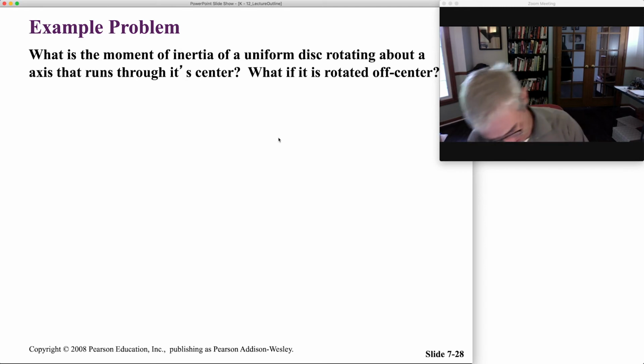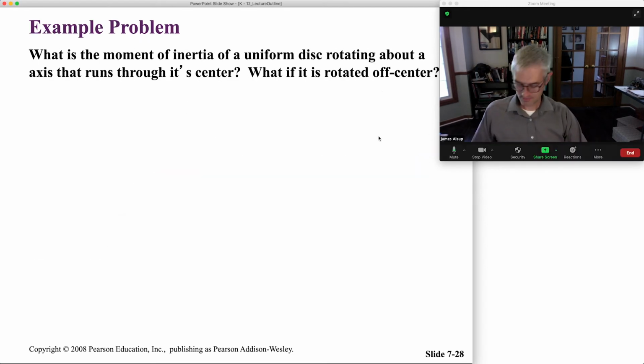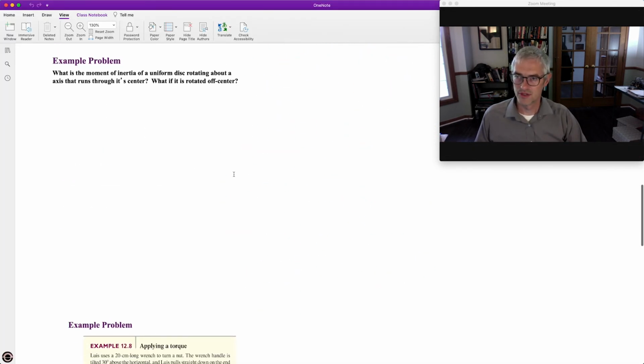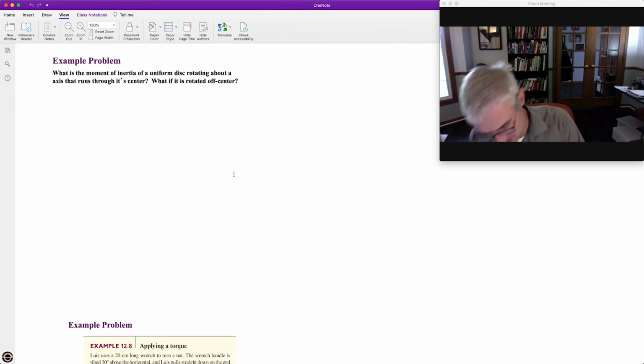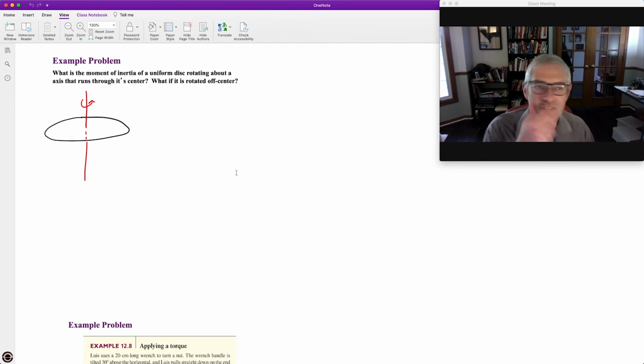Okay. Now looking at this one, you could try to draw a picture. What's it looking like? You've got a disk. And then there's some axis that runs through it. And this disk is rotating around it in that case. All right.